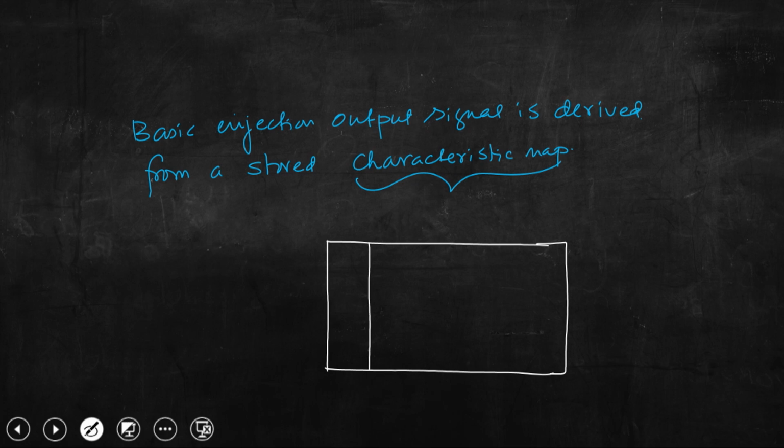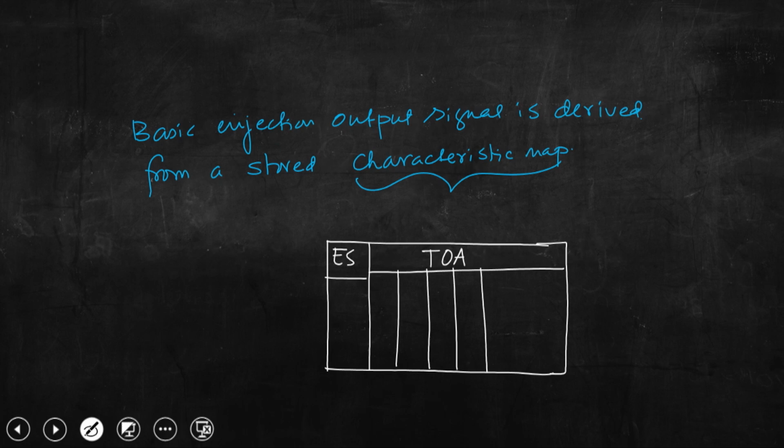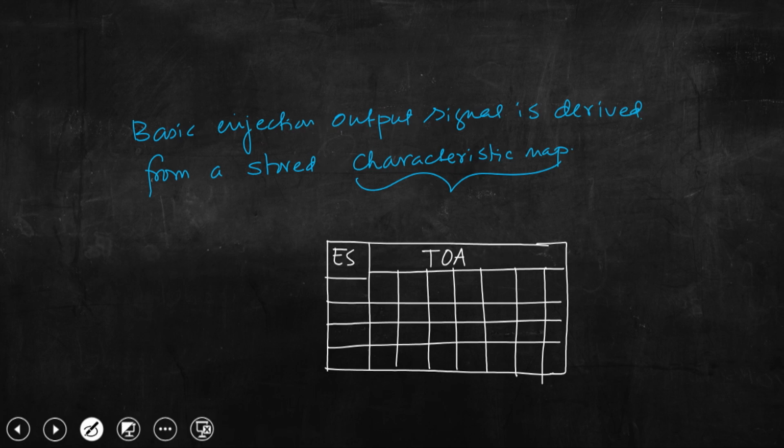So, this is throttle opening angle, TOA, and this is engine speed. Now, this map is prepared based on some data.